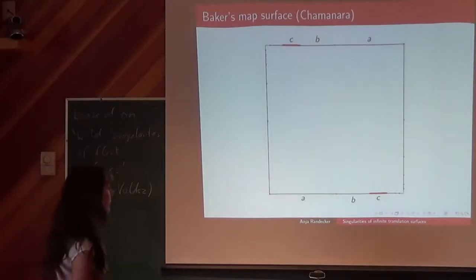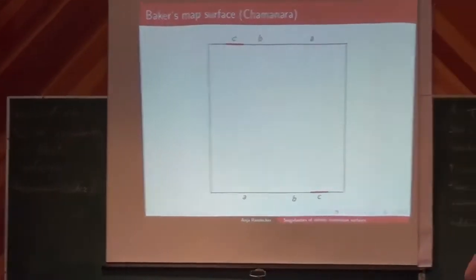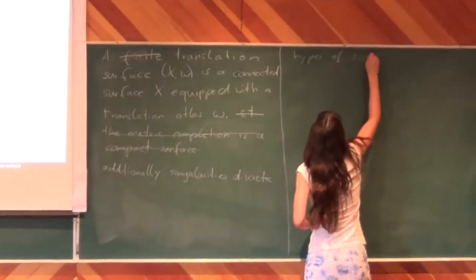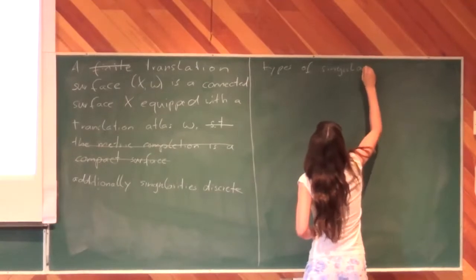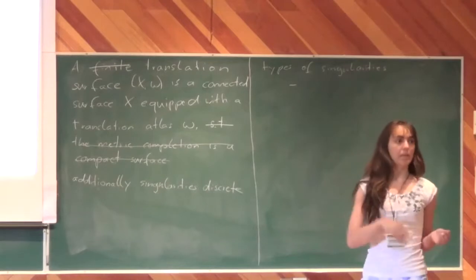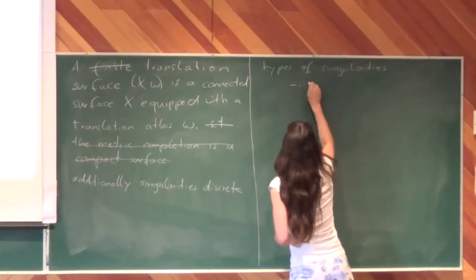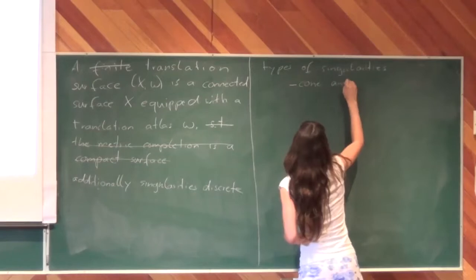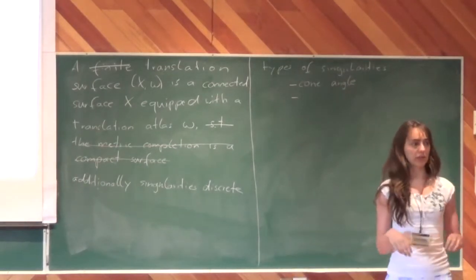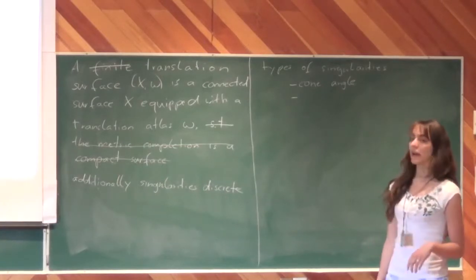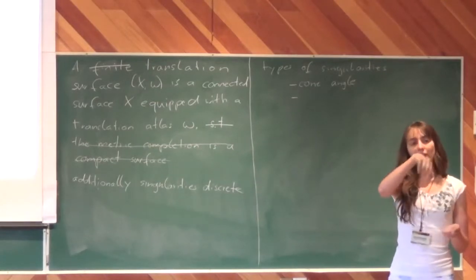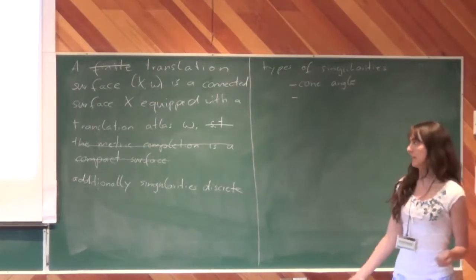What can happen is that we have different types of singularities. The first one that we have seen before, this double pentagon, consists of cone angle singularities. And what often arises is that we can have something like cone angle singularities, but they don't spiral finitely often around the singularity, but infinitely often.